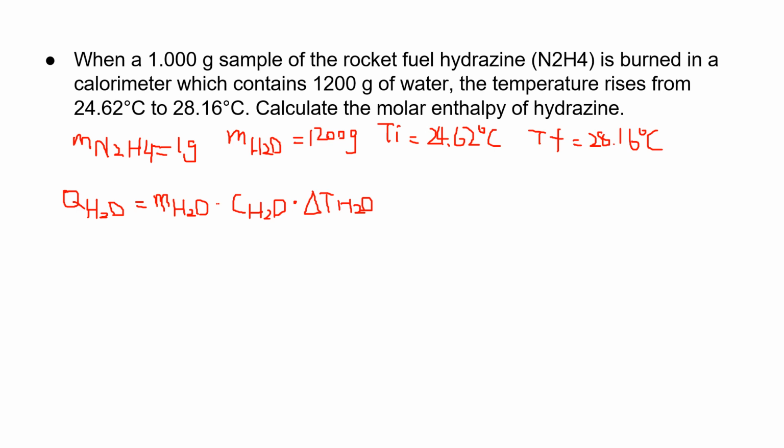So we can plug the values we know into this equation. Mass of water is 1,200 grams, and C of H2O is 4.18 joules per gram per degree.